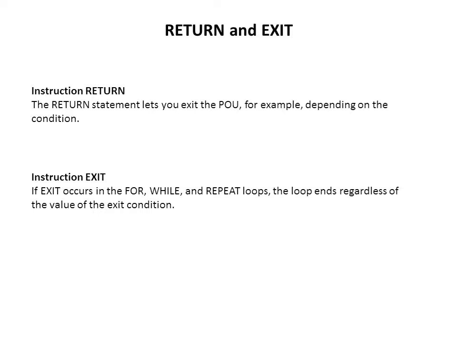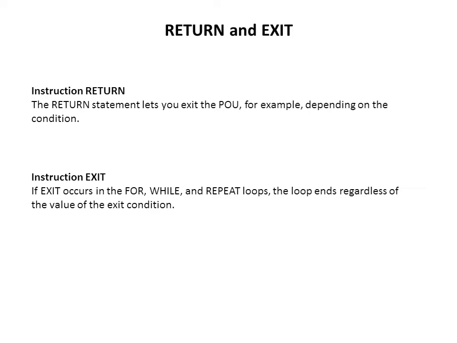And instruction EXIT: if EXIT occurs in the FOR, WHILE, and REPEAT loops, the loop ends regardless of the value of the exit conditions. So these are the last two operators or instructions in the ST language that we need to use in our program.